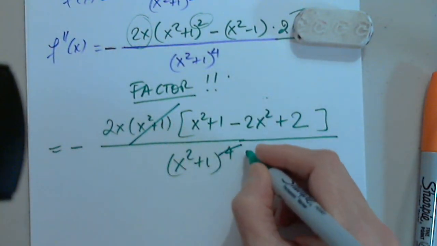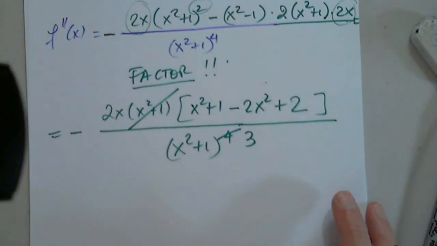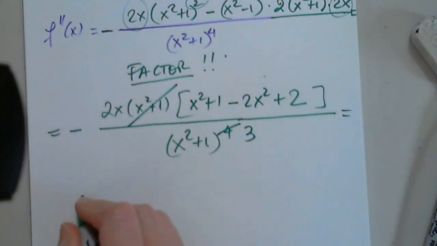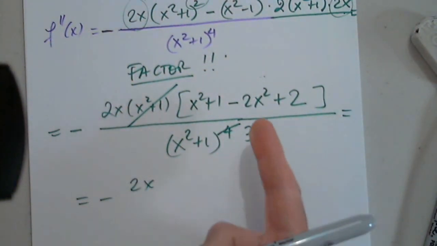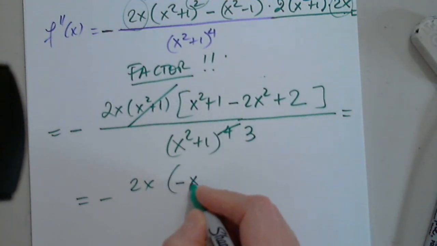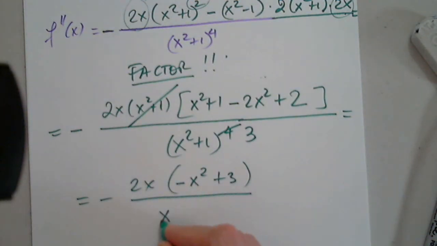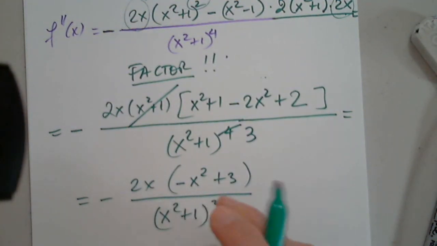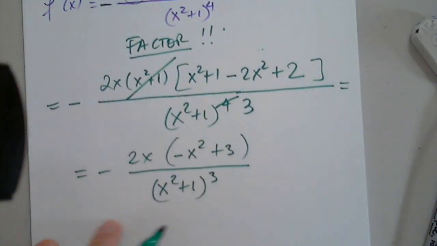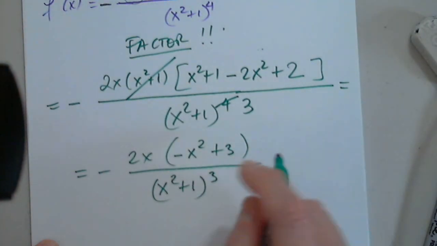Yes, that's one of the reasons I did that. So now I have negative 2x, and this is negative x squared and plus 3. Again, I will factor out negative 1 and terminate that.